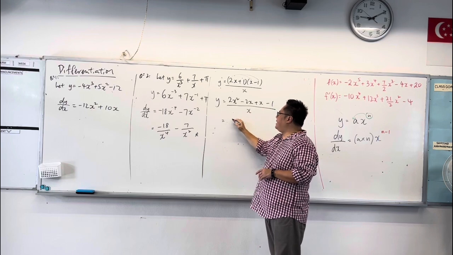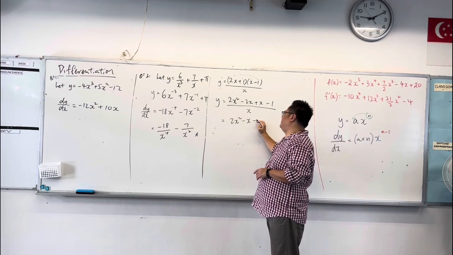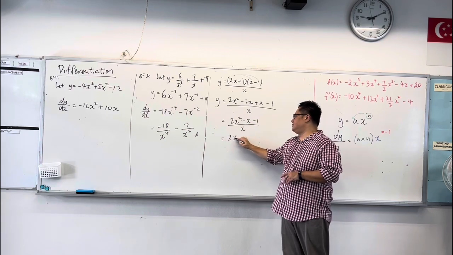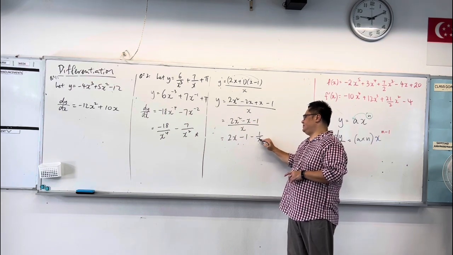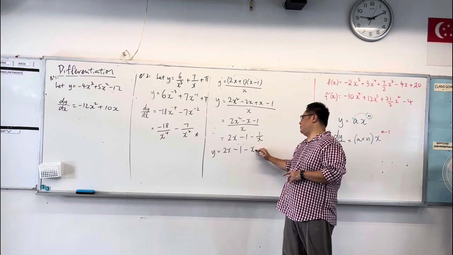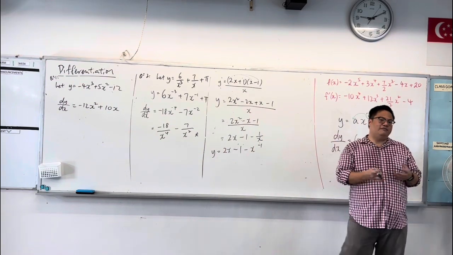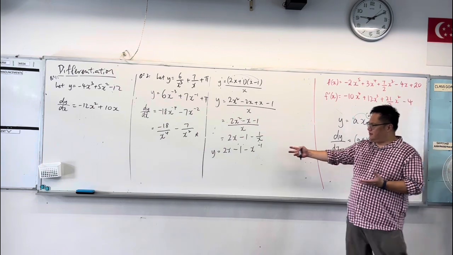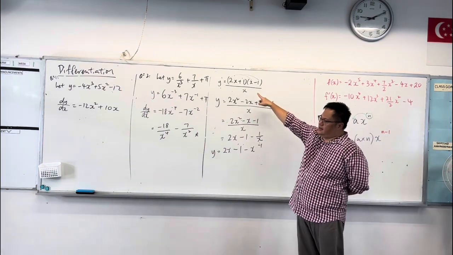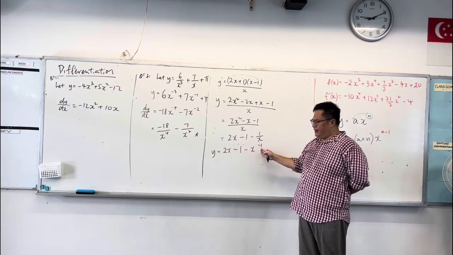I can tidy this up. 2x squared minus x minus 1 over x. I can cancel, so 2x minus 1 minus 1 over x. So my y is equals to 2x minus 1 minus x to the power negative 1. I rewrite it in index form. So what just happened? When I have a complicated expression, I can tidy up to do term by term.